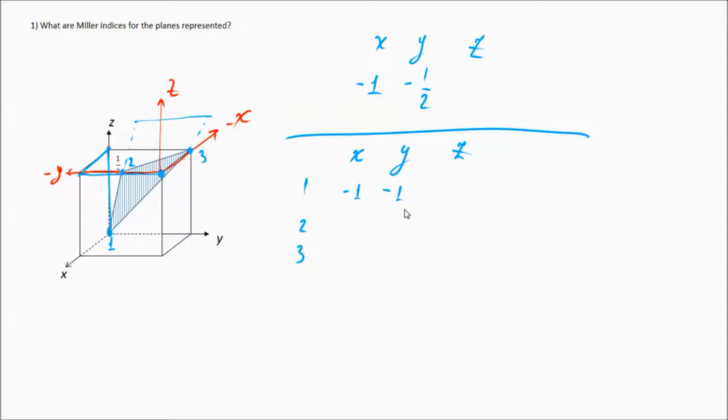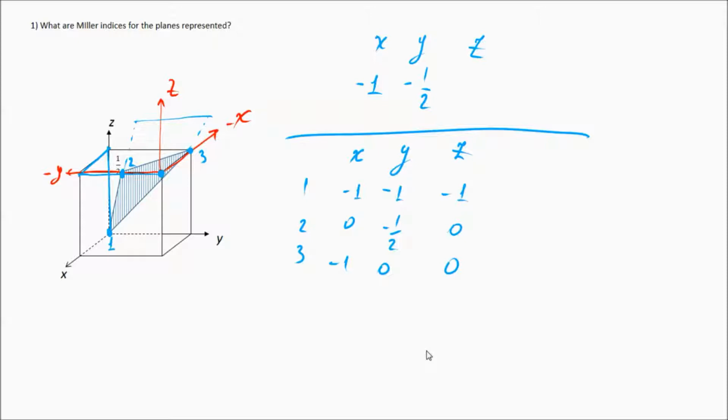So point coordinates are -1, -1, -1. For point 2, coordinates are 0 for x, -1/2 for y, and 0 for z. For point 3, these are -1, 0, 0. Now I have acquired all 3 point coordinates.